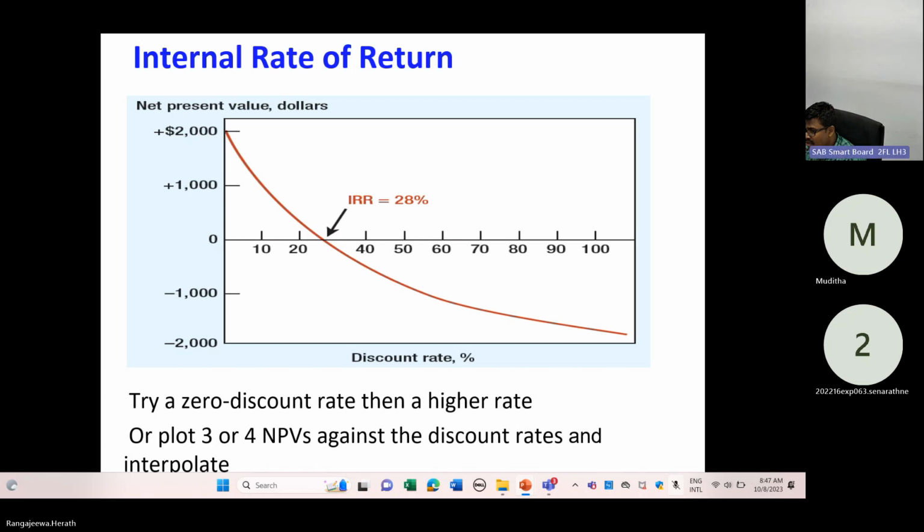So that means when you calculate the IRR of a project, here IRR becomes 28%, right? At a 28% discount rate, NPV is zero. Now, if the investor's expected rate of return is only 20%, will you end up with a positive NPV or negative NPV?